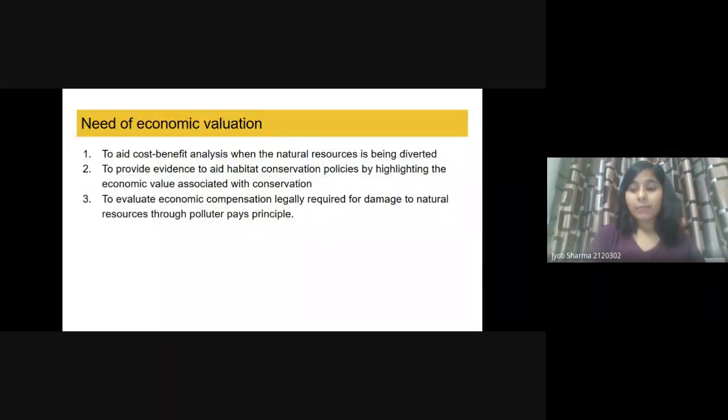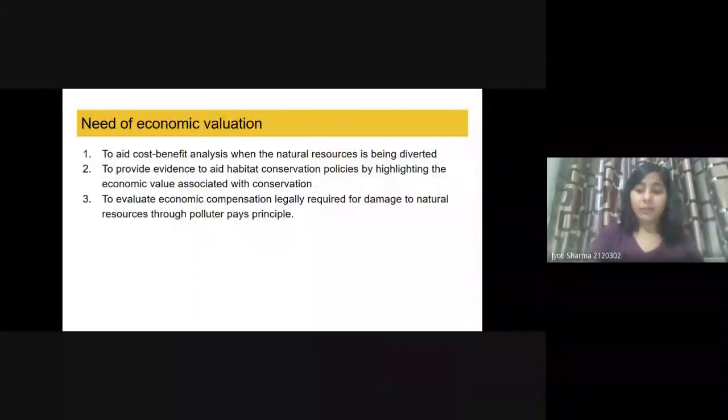And this can be possible only if you have the methods for the evaluation, if you can measure the benefit in monetary terms. So to aid cost benefit analysis when natural resources are being diverted, you must know how much investment we have already made, and how much benefit we will get from the forest.